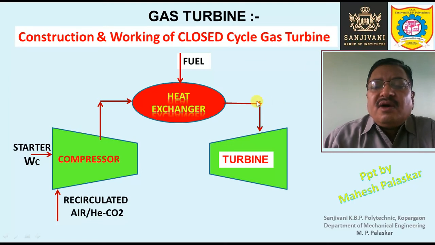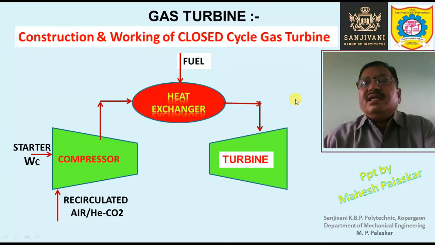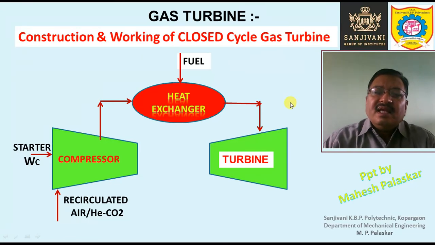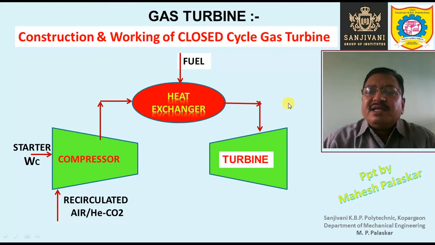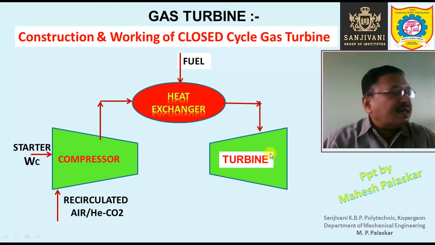So now this working substance will first of all pass through the nozzles so that the pressure energy is converted into kinetic energy. This working substance now has a lot of kinetic energy, and it will pass through the nozzle and we will get a jet of this particular gas, and this jet will be impinged on the blades of the turbine so that the kinetic energy of this working substance is supplied to the turbine blades and the turbine will start rotating.